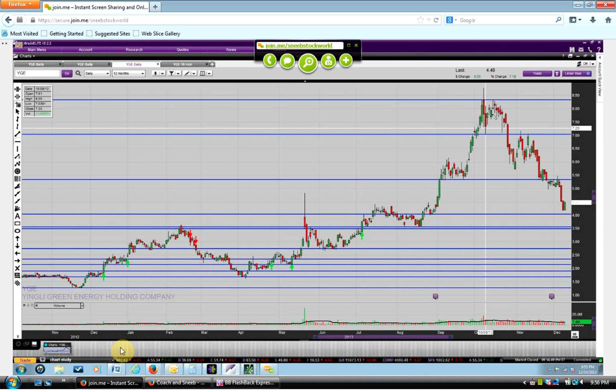Or do I want to wait till I retest the line on my chart? Yeah, I want to wait till I retest.